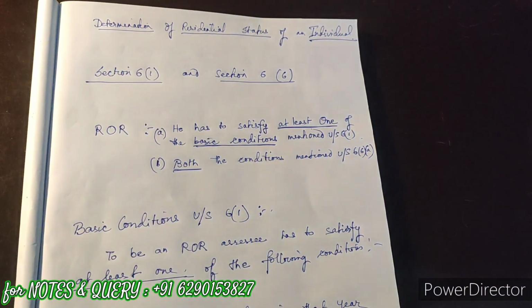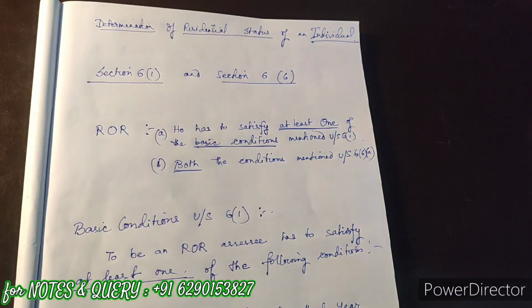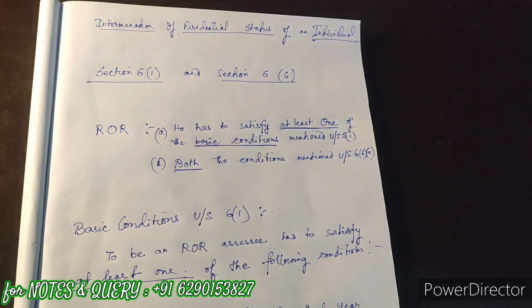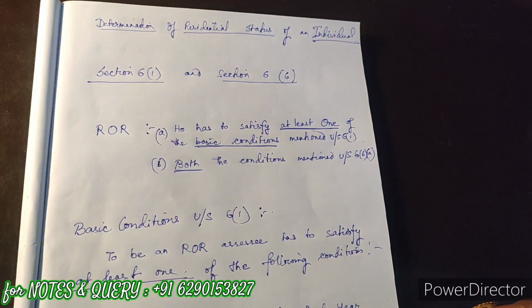Now we are going to do the determination of residential status of an individual. First, we will be mainly concerned with section 6(1) and section 6(6) when we are trying to determine the residential status of an individual. Okay, first is ROR, meaning resident and ordinary resident. He has to satisfy at least one of the basic conditions that are mentioned in 6(1).